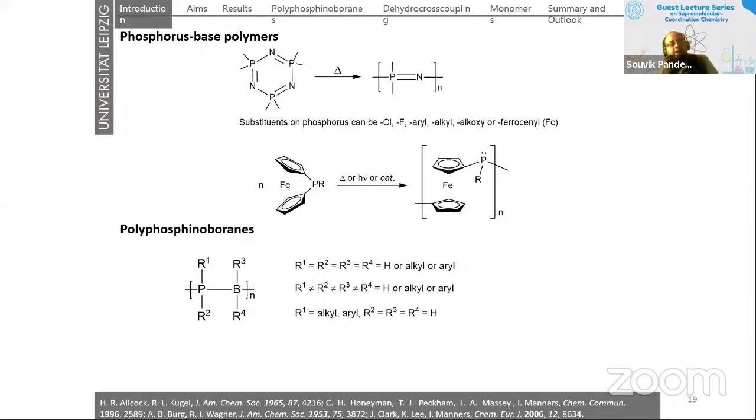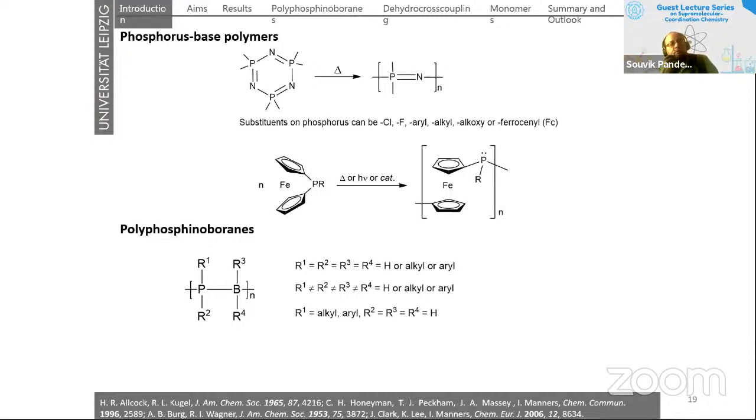In the United States, the research on polyphosphinoboranes started because phosphinoborane not only can give you hydrogen gas, but these polymers are also very useful as flame retardant or flame resistant material. Flame retardant material is a kind of material which will not burn.